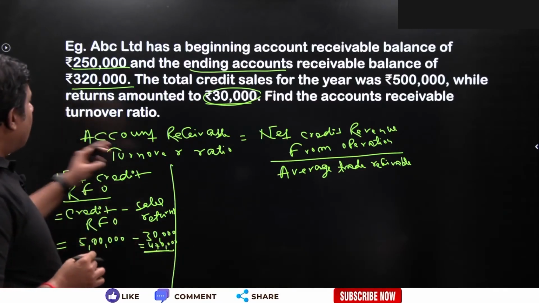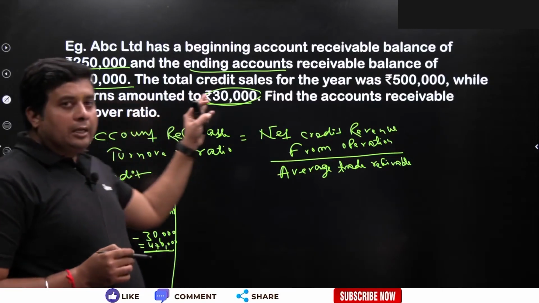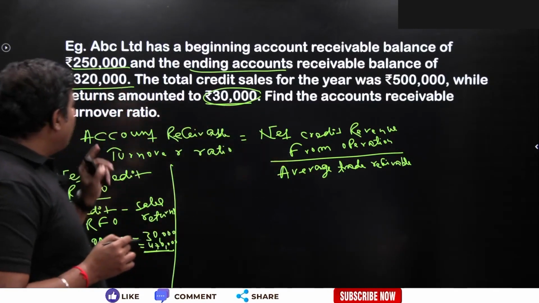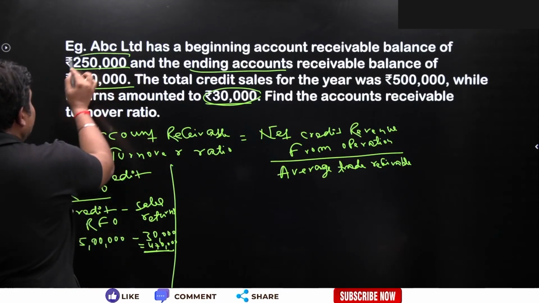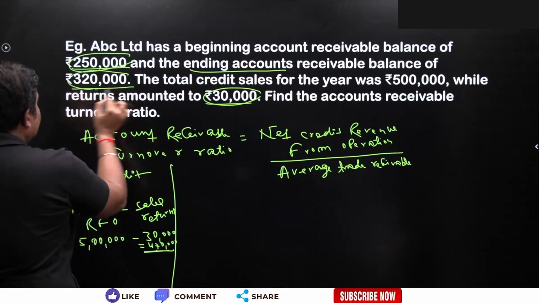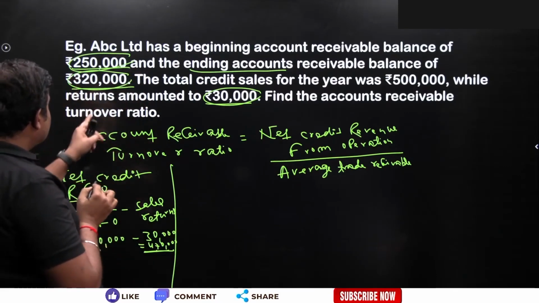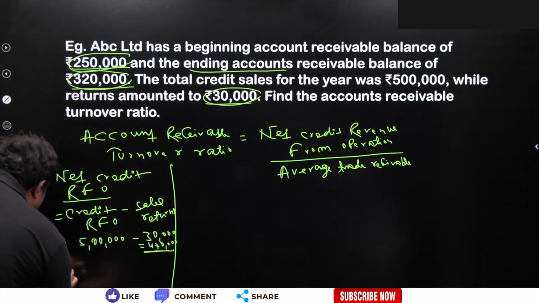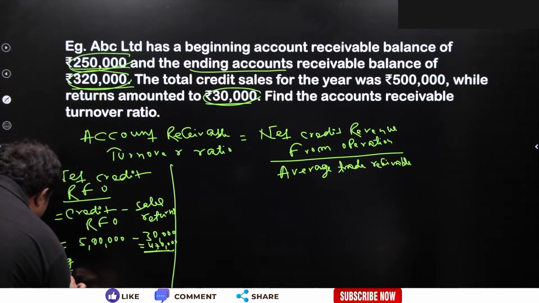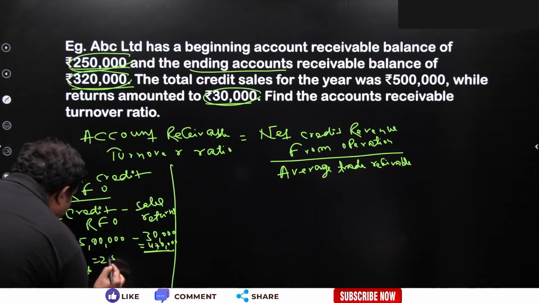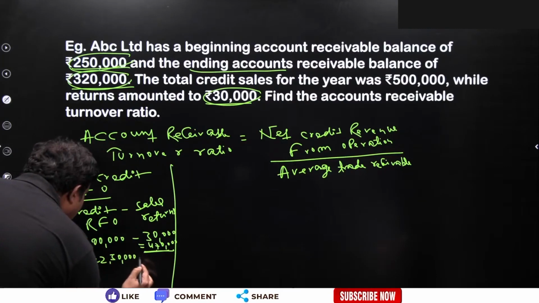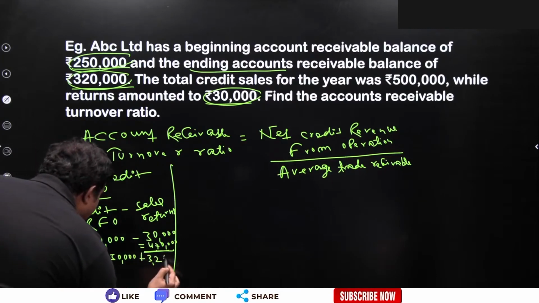All right. Now we need to find the average trade receivable. So we have the opening trade receivable and also the closing trade receivable. So opening plus closing divided by 2. Here I can do the working note for the same. So average receivable: opening is 2,50,000, closing is 3,20,000, divided by 2.